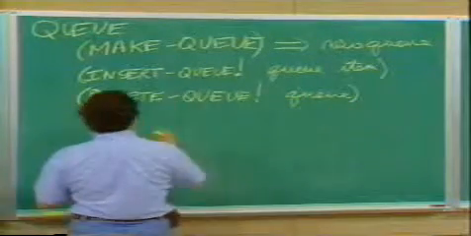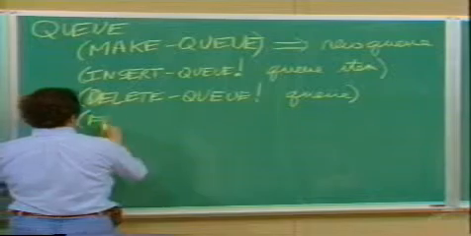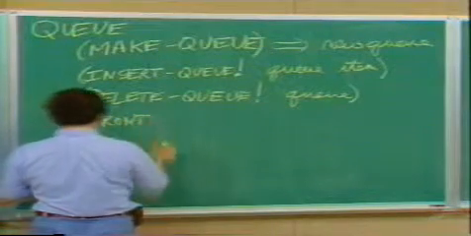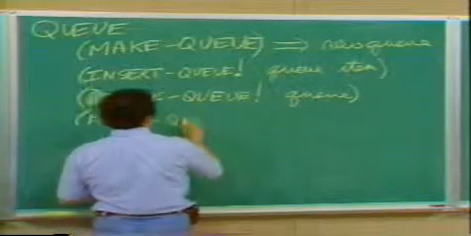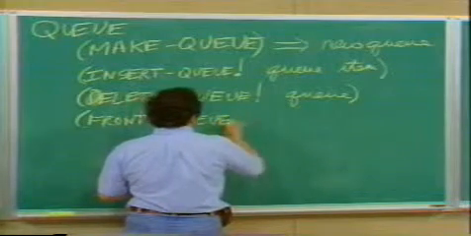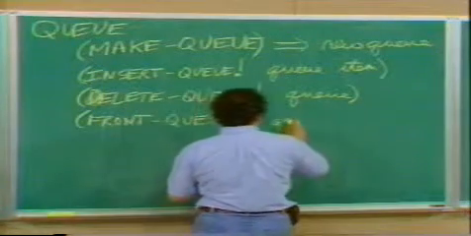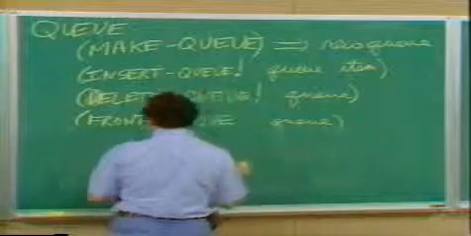And I want to be able to get the first thing in the queue from some queue. I also have to be able to test whether a queue is empty.